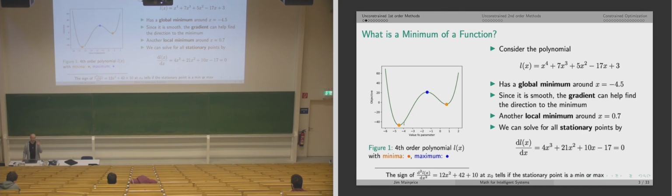But instead, we are looking for a solution set of an equation. As I said here, the sign of the second derivative tells us if the stationary point is a minimum or a maximum. That's the basic idea that guides continuous optimization, and we will try to develop that in the higher dimensional case.